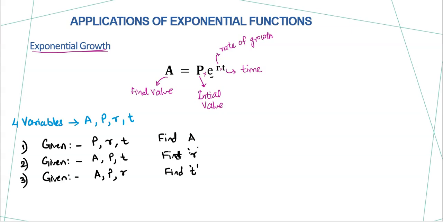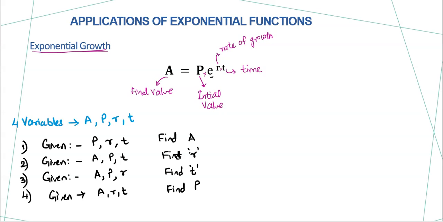Again, you solve it by using the logarithm. And the fourth possibility is that they give you A, r, and t. They gave you the population after say 10 years with a 3% rate of growth, and ask with which population they started. So these are the four possible kinds of questions you may get.